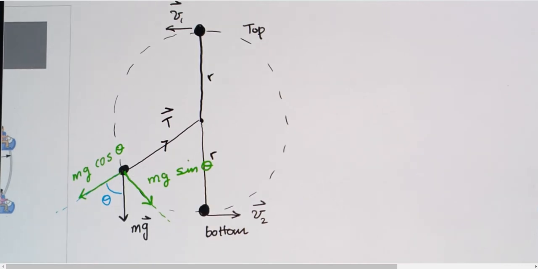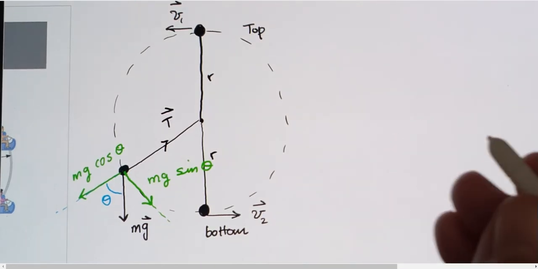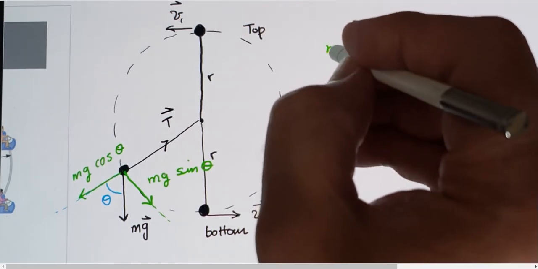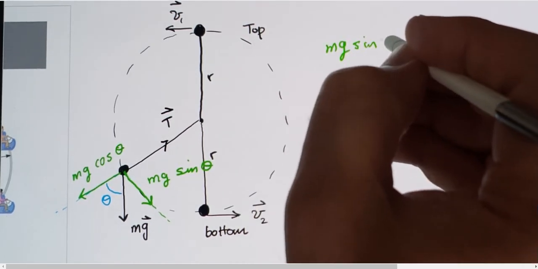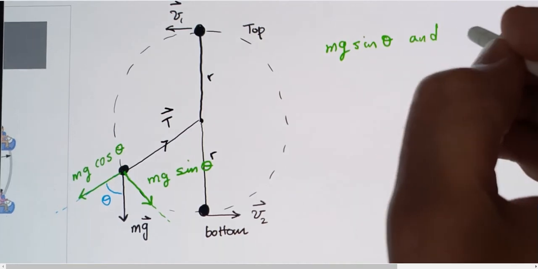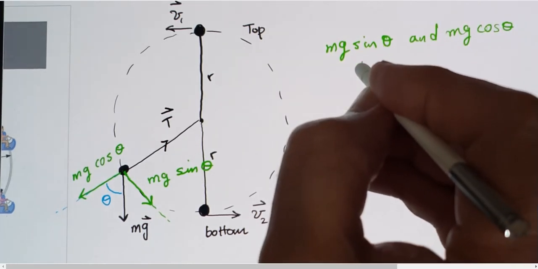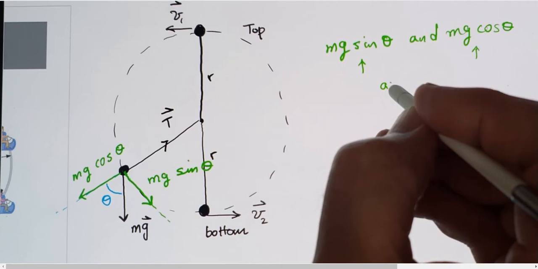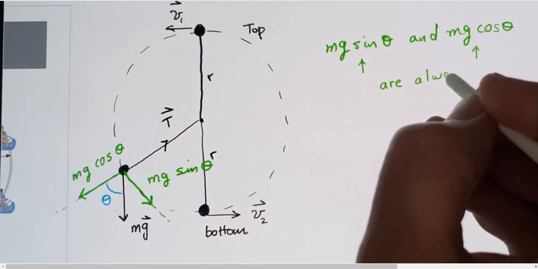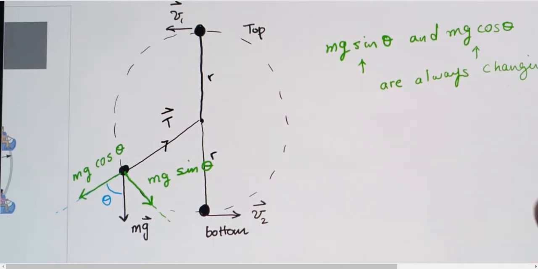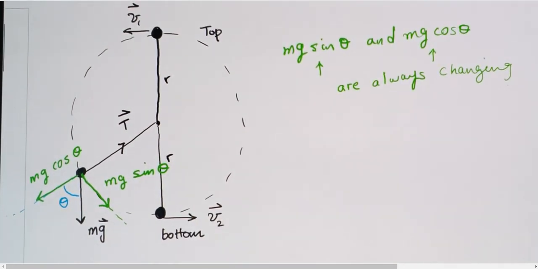Okay, where is the physics in this situation? Well, the physics is as follows. Because the components mg sine theta and mg cosine theta are always changing in value.